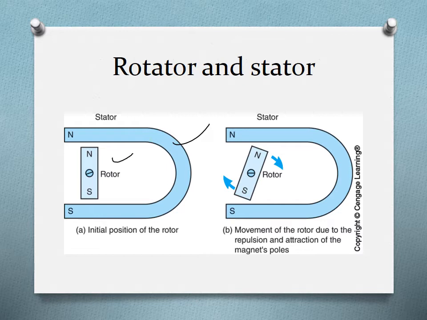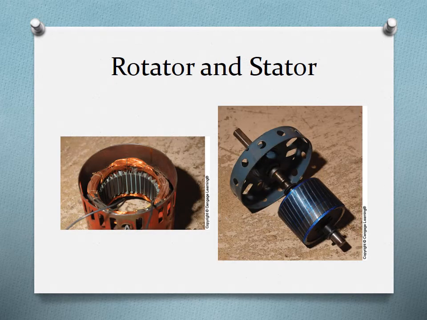It depends on the configuration and how the motor is built, and basically what we are doing is trying to push the rotor using the north and south magnetic force. Okay, again, if we look at it, this is a split phase motor and this is the stator. We can see the winding here. This is called the winding, and this is what makes the magnet.